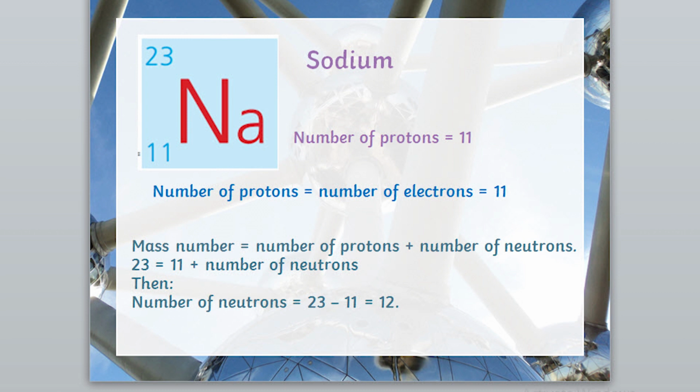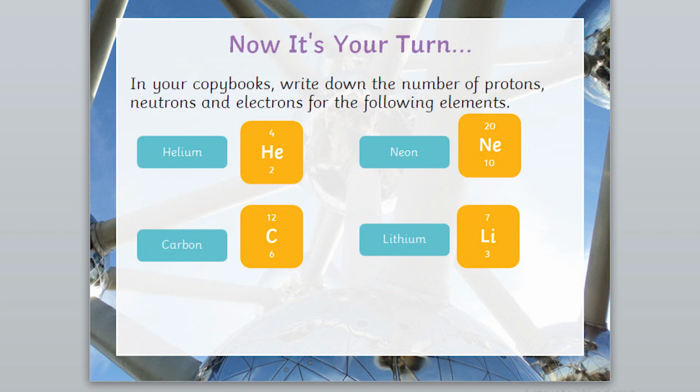The number of neutrons is equal to the mass number minus the atomic number. 23 minus 11 equals 12, and then the sodium contains 12 neutrons inside its nucleus. Now it's your turn. In your copybooks, write down the number of protons, neutrons, and electrons for the following elements.